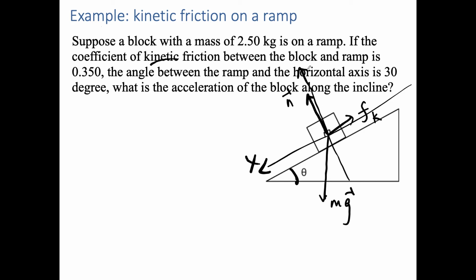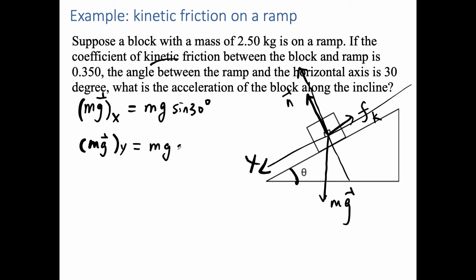Okay, this time I'll ask you to do the same thing. You will find out the x component of mg, with N pointing in the positive y direction and fk pointing in the negative x. What's the x component of mg and what's the y component of mg? The x component should be mg sine 30 degrees. The y component of mg is mg cosine 30 degrees.